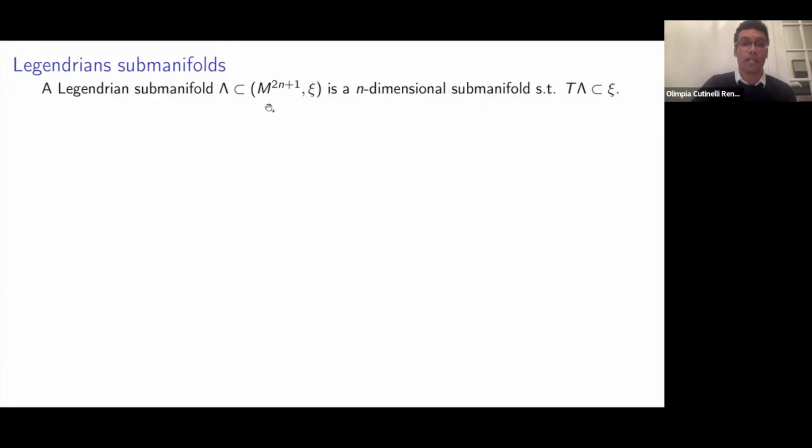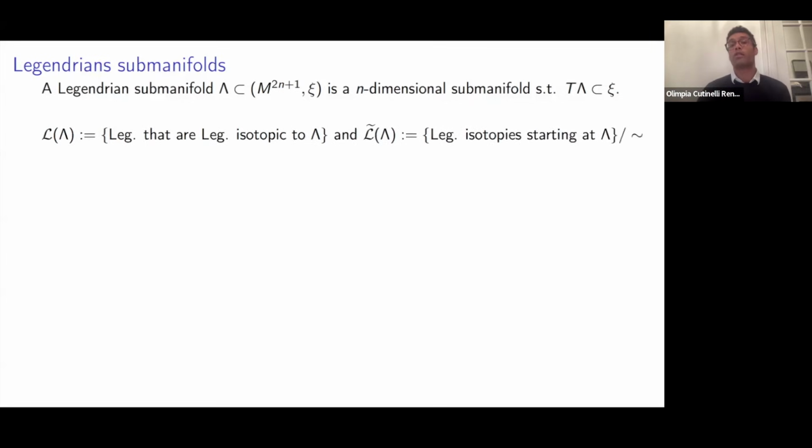So if your contact manifold is of dimension 2n+1, your Legendrian will be of dimension n. And I will look at the space of Legendrians that are Legendrian isotopic to a fixed Legendrian, which I denote by curly L_lambda, and also at its universal cover.